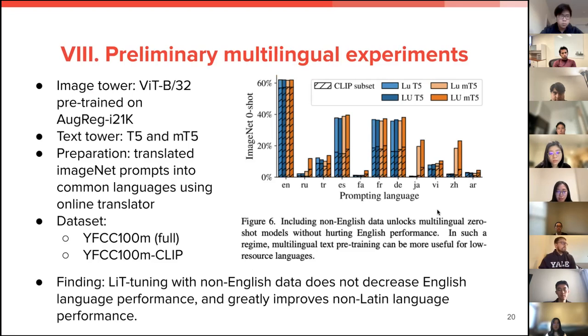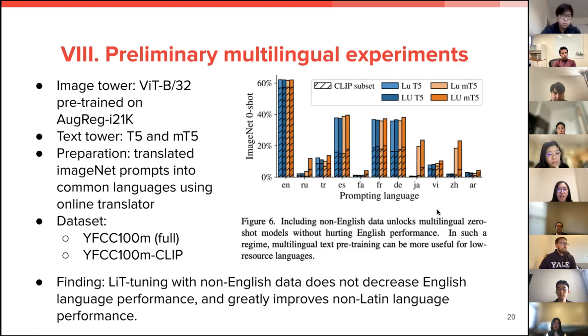In order to compute LiT's performance in English versus non-English, they trained LiT on the YFCC clipped dataset. Recall that YFCC clipped is only in English. They also trained the models on the whole YFCC dataset, which is multilingual. And to prepare, they translated the ImageNet prompts into common languages using an online translator.